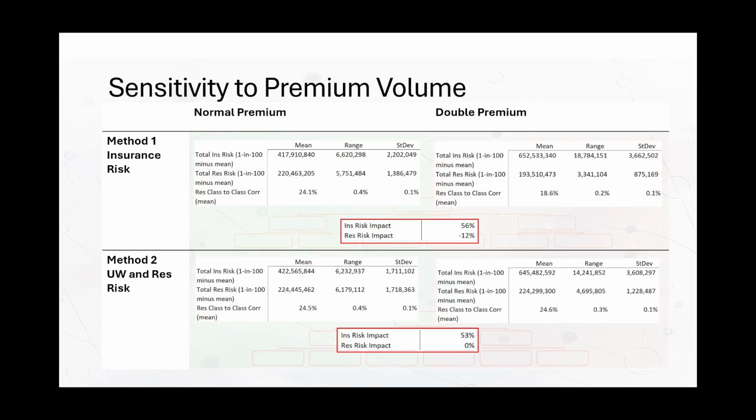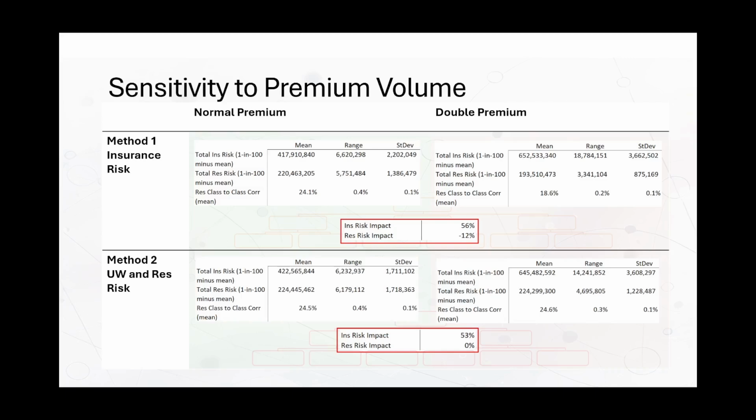And why is it happening? It's perfectly natural that it would happen under method one, because we are applying the class-to-class correlations at a total insurance risk level. So the sum of underwriting risk and reserve risk. But now as we double underwriting risk by doubling the premium, we've essentially made underwriting risk a much larger component of that total insurance risk metric.